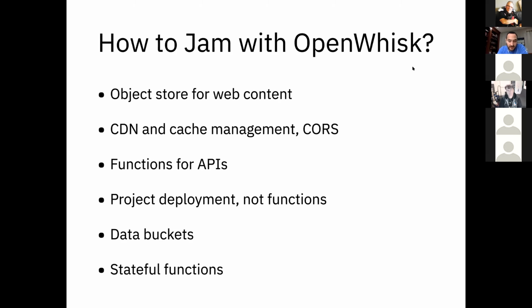The whole aspect of the Jamstack is that you're thinking of entire projects or entire applications. It's not just functions. So deployment, and repeatable deployment in particular, is important. Data buckets and stateful functions, on the compute side, extend the model from being able to do just stateless computations to also stateful functions. And I think you're going to hear, actually, I'm not sure what Jesse's going to talk about.